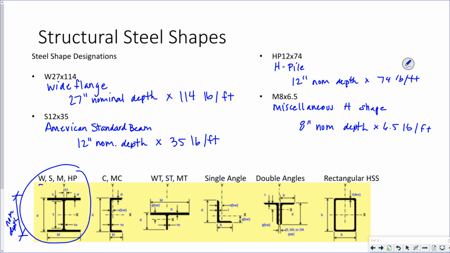So when we eventually get to designing and it says choose the lightest section or the most economical section, it's because you want the lightest thing. It'll weigh less, it'll use less steel and cost less money. So those are all my H shapes or my I shapes, depending on which way you're looking at them.